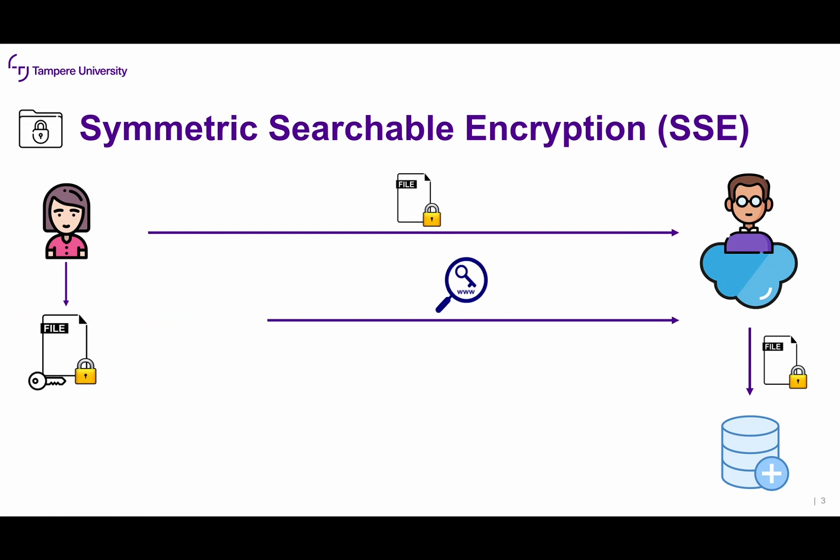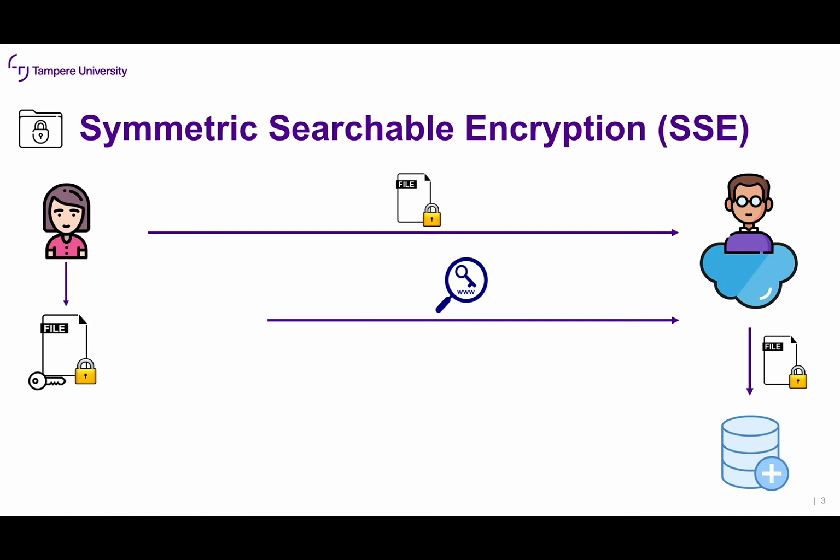Now, the magical thing with symmetric searchable encryption is that Alice is able to send search queries to Bob, saying, okay, please find all the data, for example, that contain the words Tampere University.